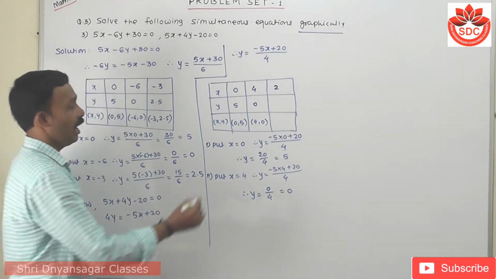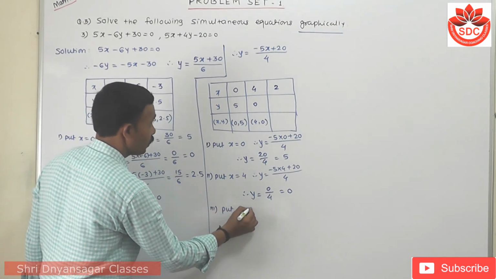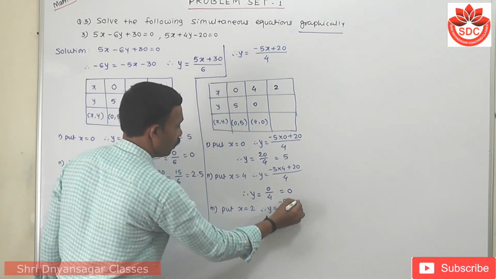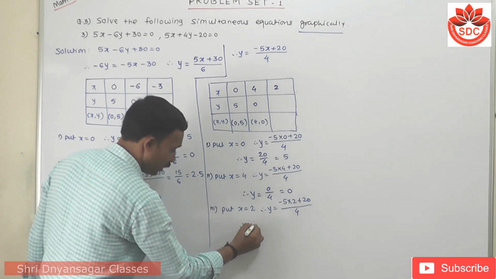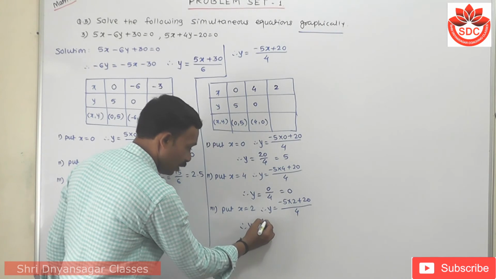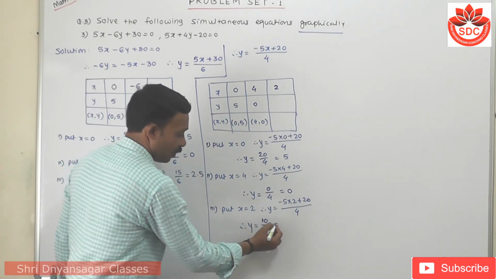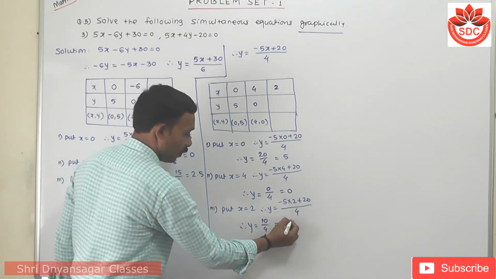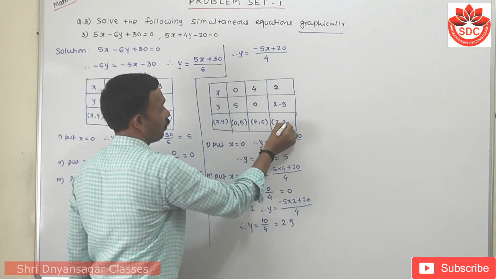Then the last one, put x is equal to 2, therefore y is equal to minus 5 into 2 plus 20 upon 4. Therefore y is equal to minus 10 plus 20 becomes 10 upon 4, which is 2.5. Here the ordered pair is 2 and 2.5.